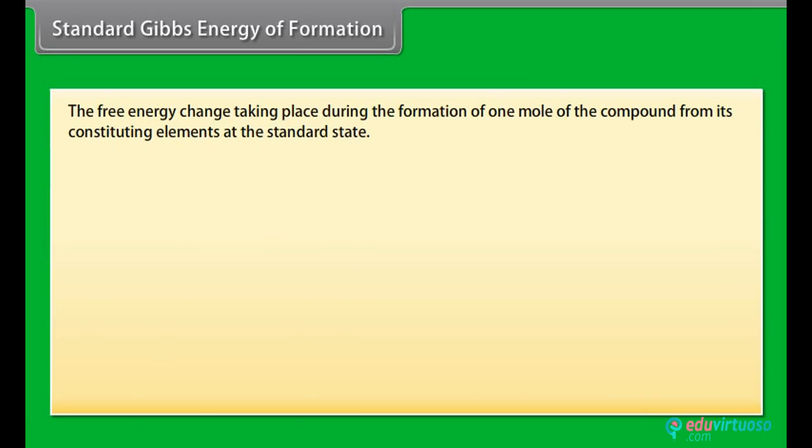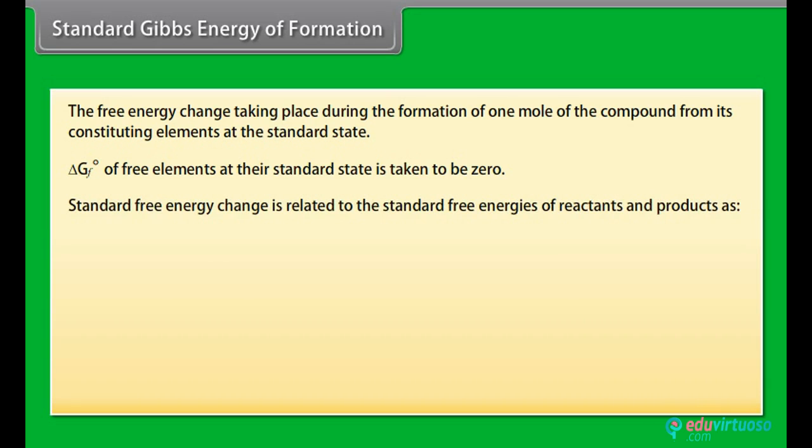Standard Gibbs energy of formation. The free energy change taking place during the formation of 1 mole of the compound from its constituent elements at the standard state. Delta G f naught of free elements at their standard state is taken to be 0. Standard free energy change is related to the standard free energies of reactants and products as delta G naught is equal to summation of delta G f naught of products minus summation of delta G f naught of reactants.